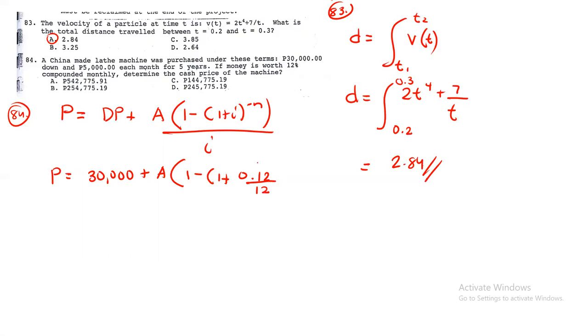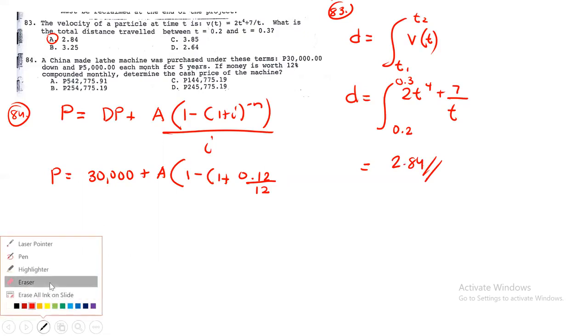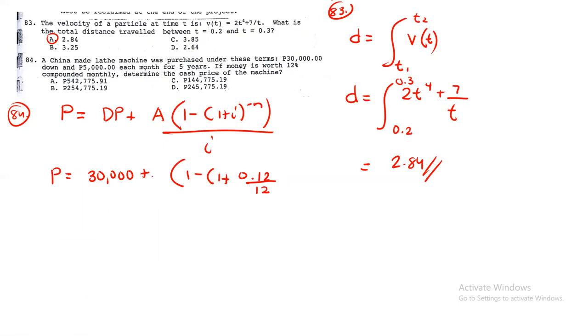So, wait. So, 5,000 monthly na pala, so yung A natin is 5,000. So, singit na lang natin. So, plus 5,000 times 1 minus 1 plus 0.12 raised to negative 5 over 0.12.